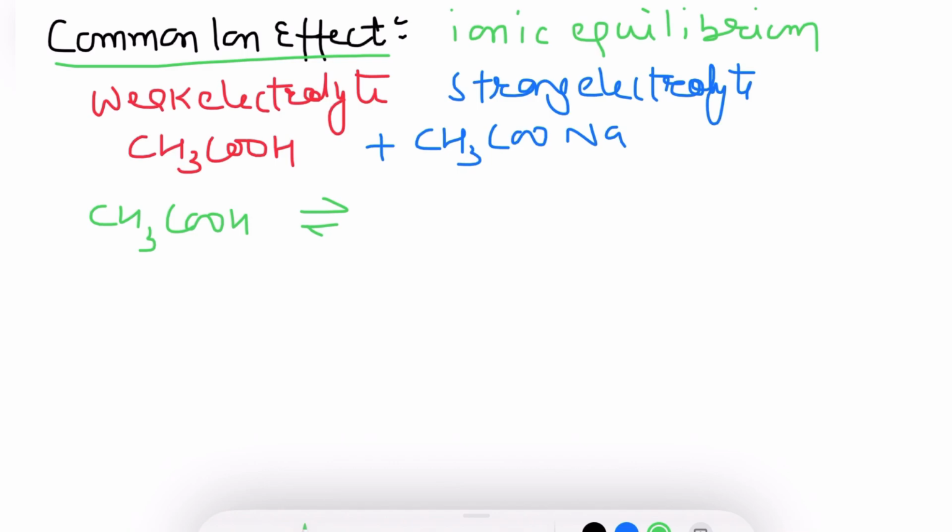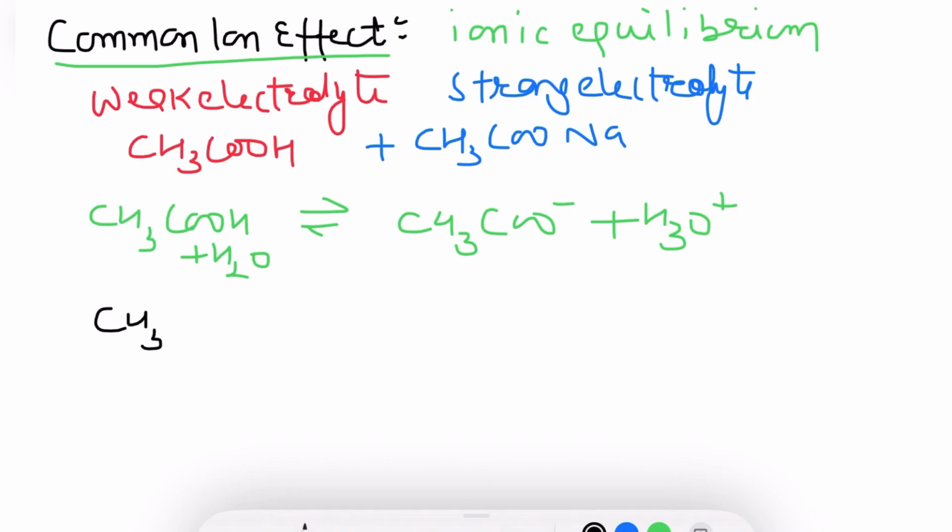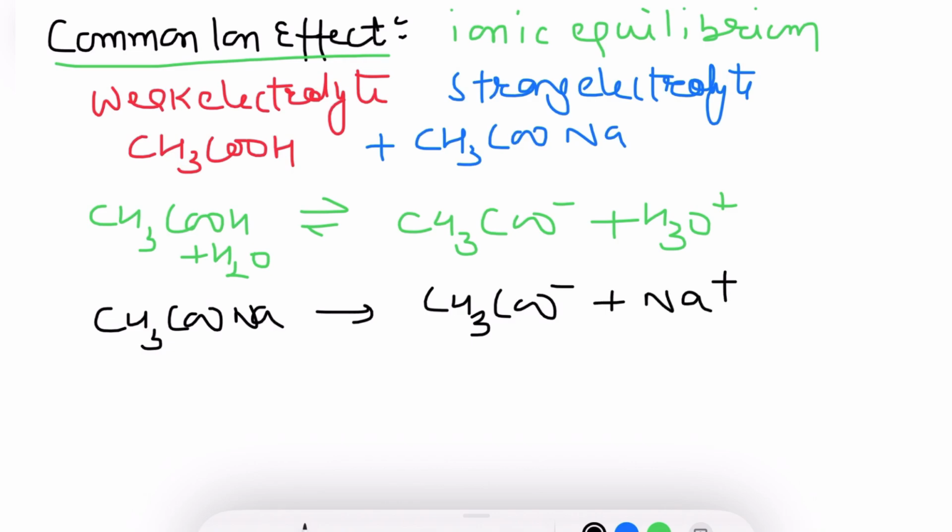In this case, the weak electrolyte shows a reversible reaction in water, and the strong electrolyte, as it gets ionized completely, produces acetate and sodium ions. If you look at the reaction mixture, we have the acetate ion as a common ion here.